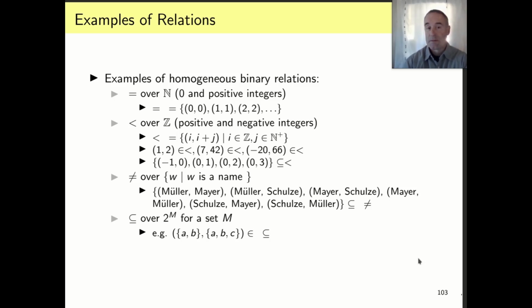We could also give some specific examples. So 1, 2 is within the set less than, the set of values that hold over the natural numbers as arguments for the less than relation.